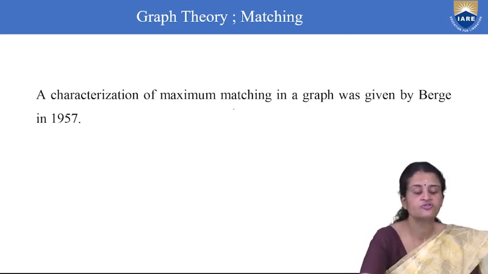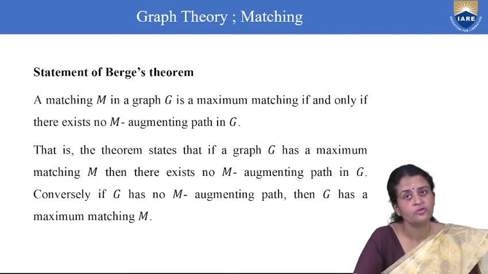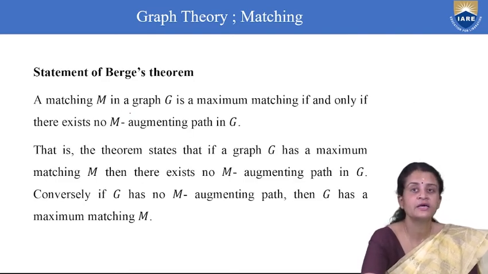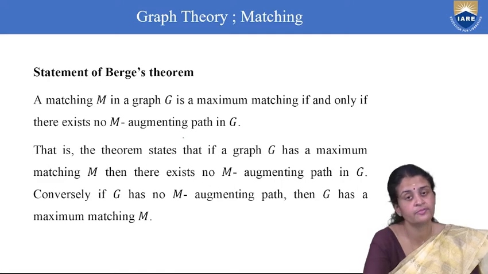Now we have seen what maximal matching and maximum matching are. Actually, the characterization of maximum matching in a graph was given by Berge in 1957. Now we will see the statement of Berge's theorem. A matching M in a graph G is a maximum matching if and only if there exists no M-augmenting path.